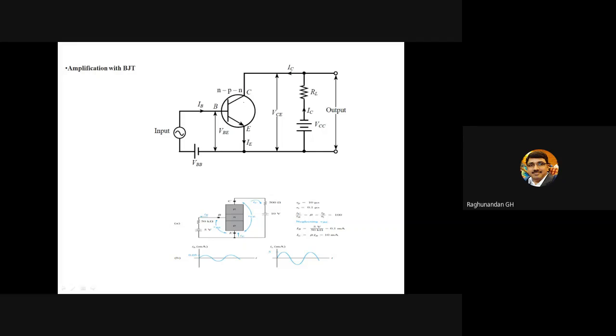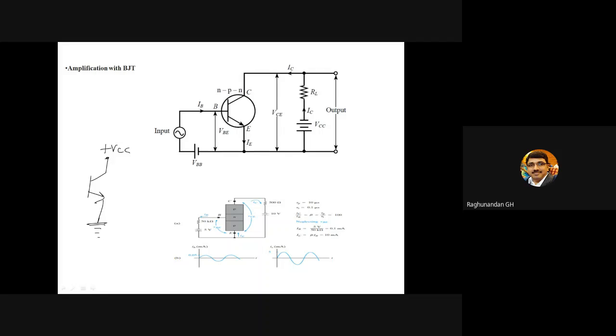It's an NPN transistor because the arrow mark is away from the base. So the collector will be connected to the plus VCC. You can connect that collector like this, or you can make it like this also.